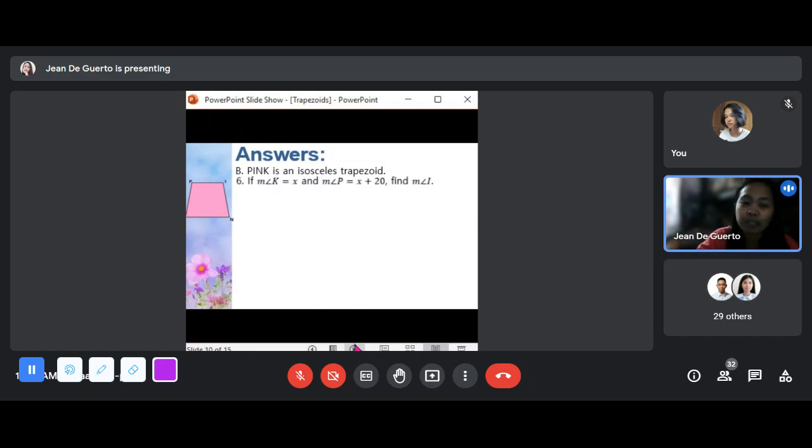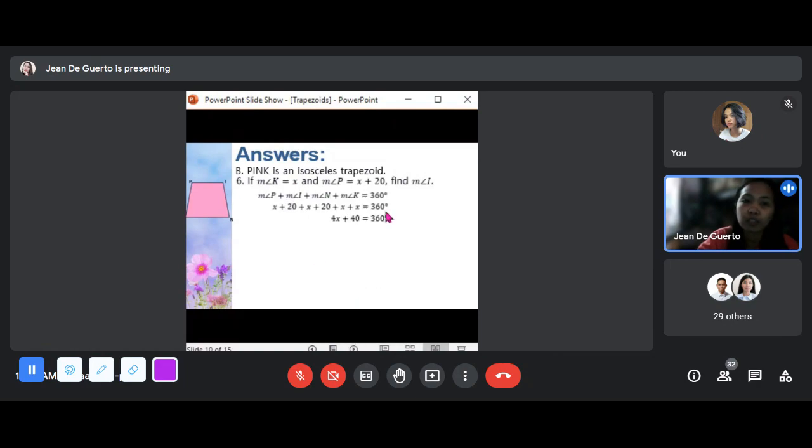Okay? Or, you can use the angle sum theorem in a quadrilateral. I-add nyo yung apat na angles, which is actually the one used in this presentation. So, measure of angle P plus measure of angle I plus measure of angle N plus measure of angle K is equal to 360 degrees. So, angle P and angle I, pareho silang x plus 20. Tapos yung angle N saka angle K, they are the same, which is equal to x.